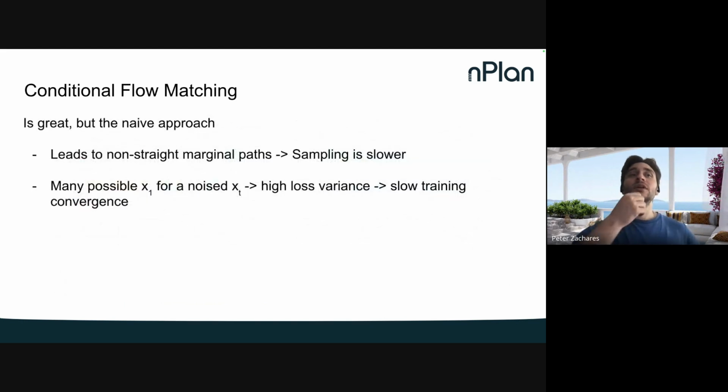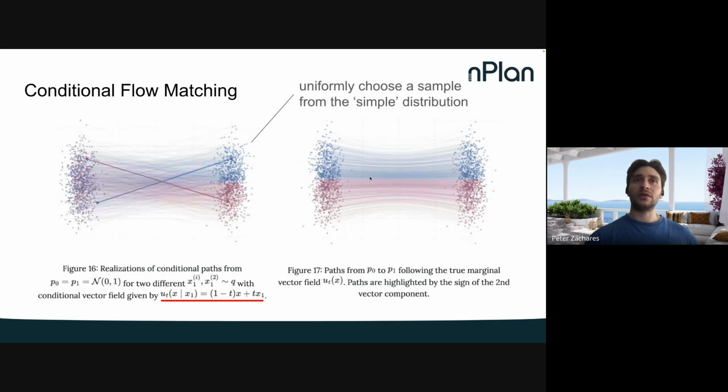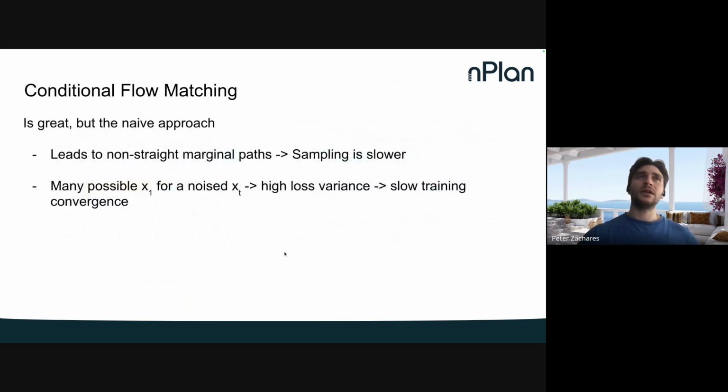But okay, cognizant of time. Conditional flow matching is great. This whole way of training these networks is great, but it has two issues. It often leads to non-straight marginal paths, which means sampling is slower.